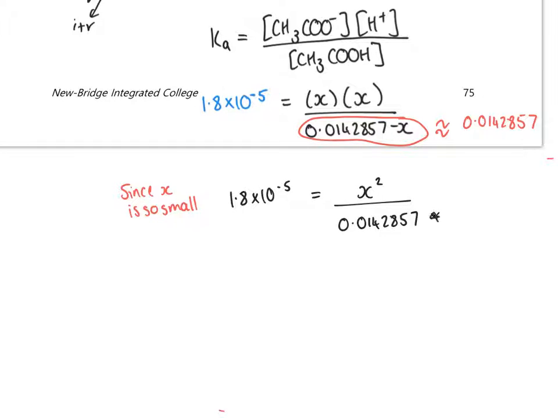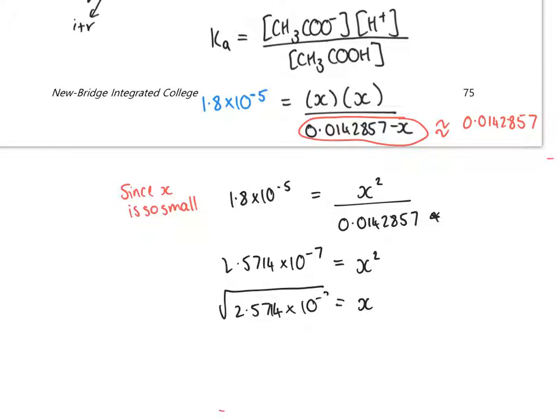Okay, bringing this value to the other side and multiplying it on the other side, we find that X squared is equal to 1.8 times 10 to the minus 5 times that number, which is 2.5714 times 10 to the minus 7. So to work out X, I need to take the square root of 2.5714 times 10 to the minus 7, which is 5.0709 times 10 to the minus 4.